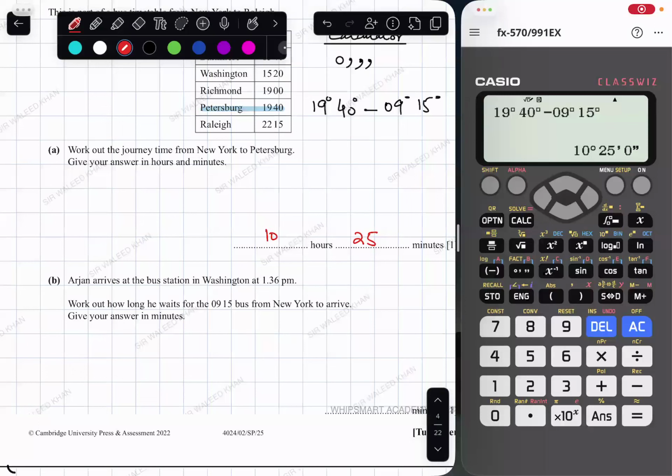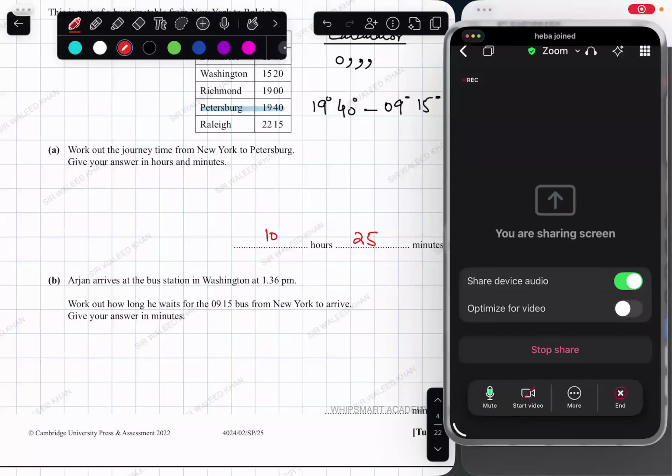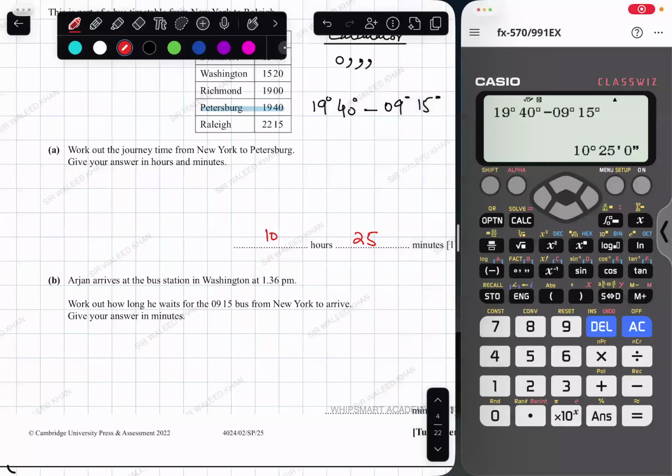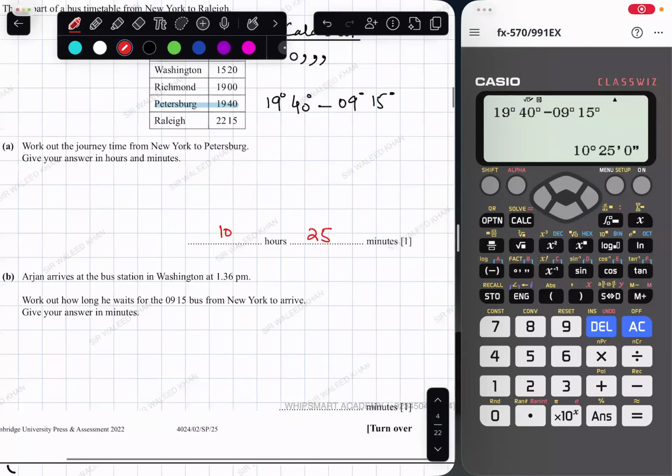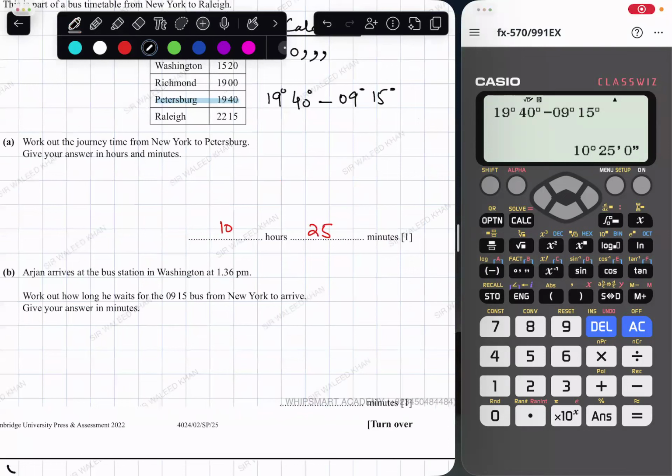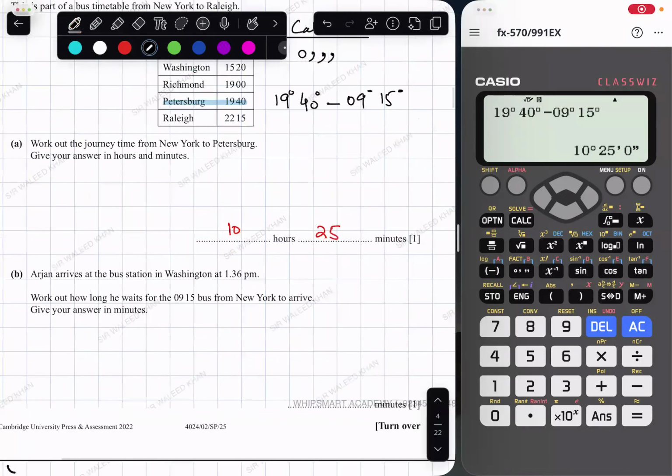Okay. Now, over here, work out how long he waits for the 9:15 bus to arrive, right? So we have New York time. Let's see there. That is how much? 9. That's New York time.